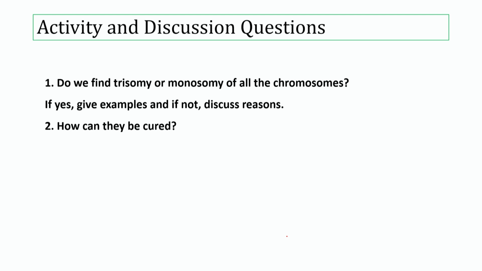There are genes on chromosomes, and if the number is not adequate, that means if there is a disbalance in the number of genes, that results in problems. The larger the chromosome, the more genes there are, so there is very little chance of having trisomy or monosomy in those chromosomes. For smaller chromosomes there are more chances, and that is why chromosome 21 trisomy survives. Chromosome 18 also survives to some extent. Chromosome 13, as we go towards the larger chromosomes, they do not survive.